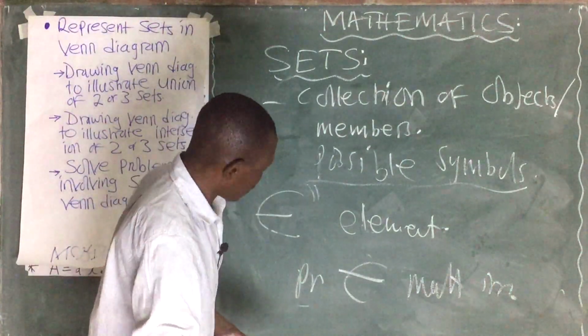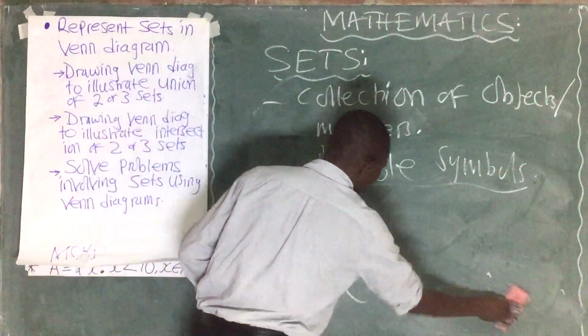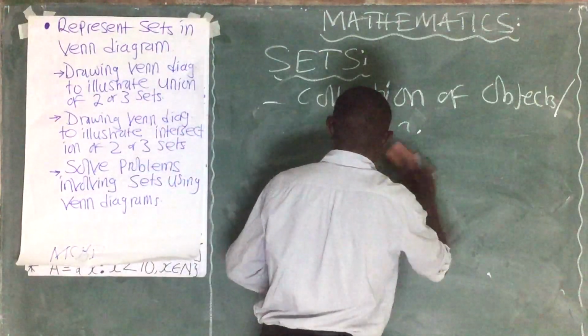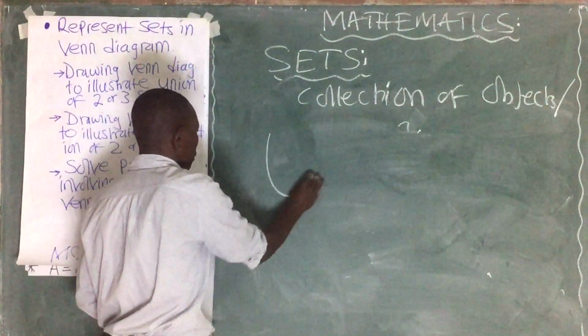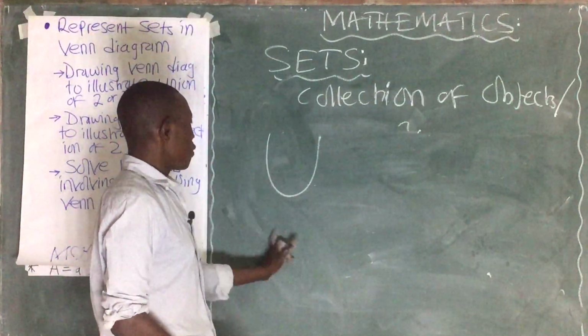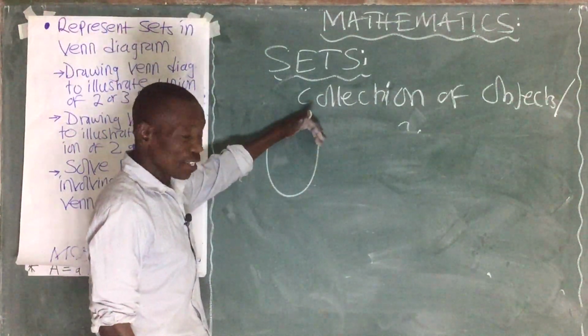Right. Secondly, this other symbol that is also very important in this case is this one. It's more like a U that is facing upwards like that.